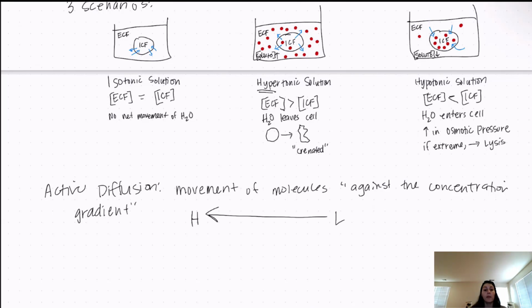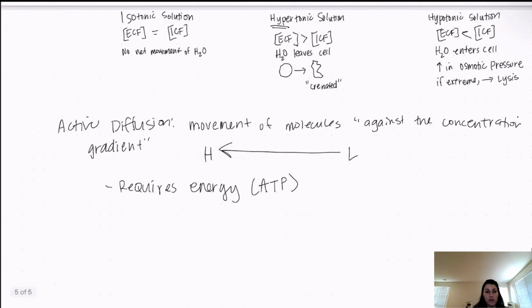And because we're going backwards, we're fighting it, this requires energy input. Requires energy in the form of ATP. That's cellular energy. Active diffusion.